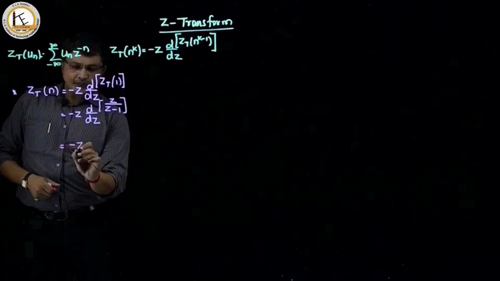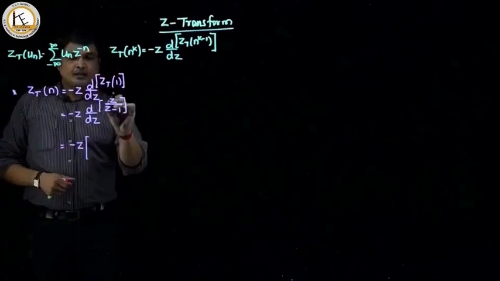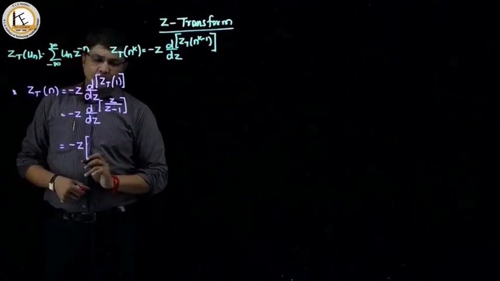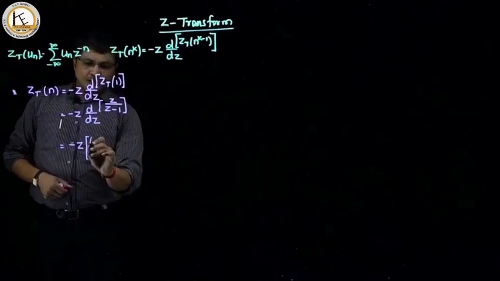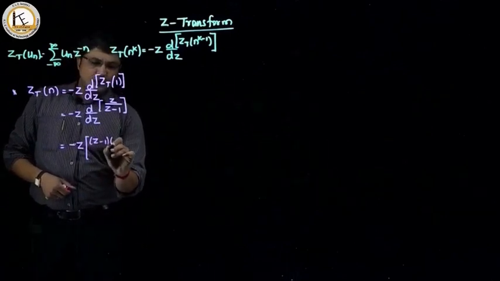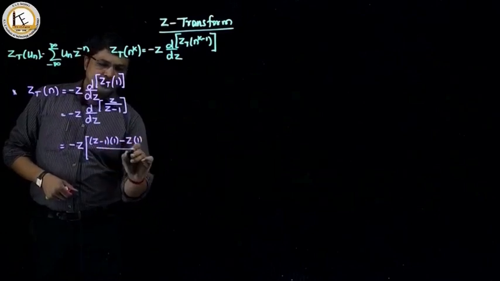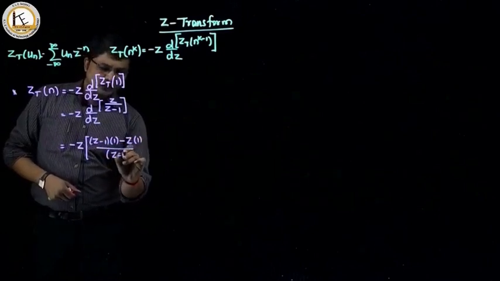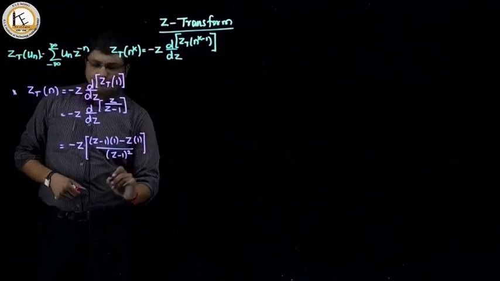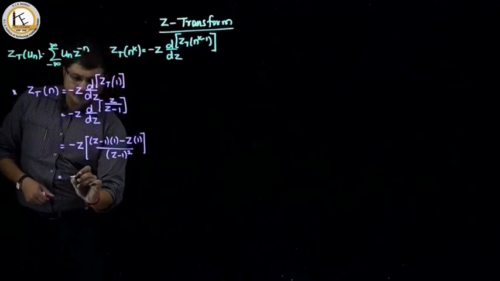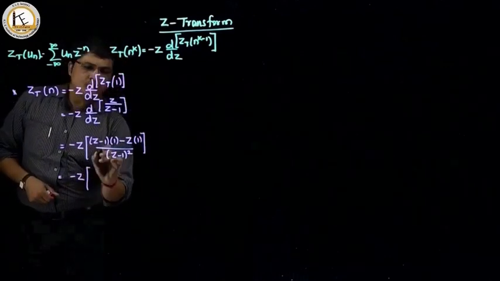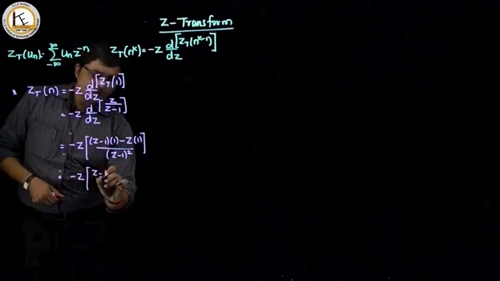Now we need to differentiate this Z upon Z minus 1 with respect to Z. So we have minus Z into bracket, applying the u by v formula, that is the quotient formula. So we have Z minus 1 into 1 minus Z into 1 divided by Z minus 1 the whole square.